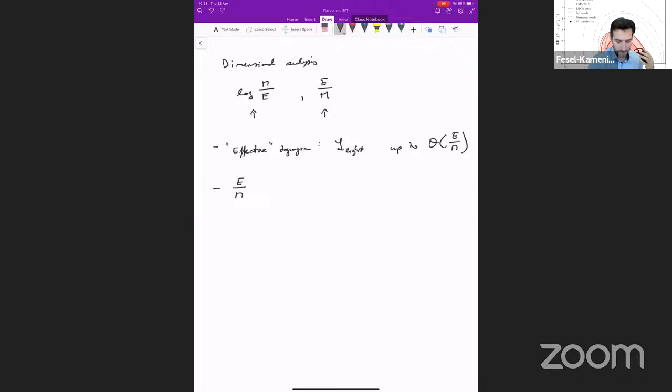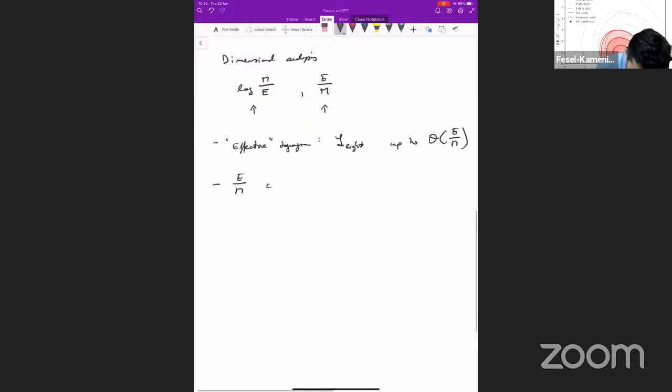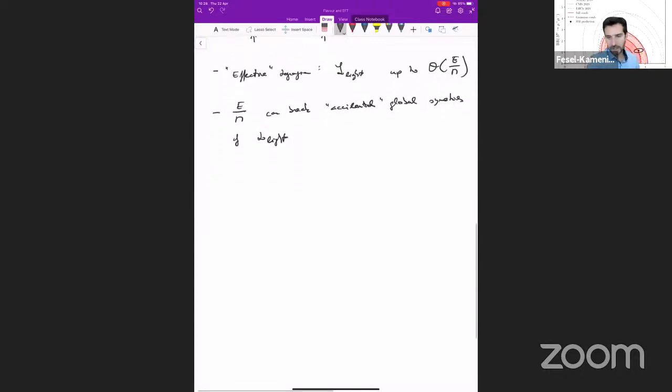And these E over M corrections do not necessarily respect these global symmetries. They have to respect the gauge symmetries, but not the global symmetries. Okay, so they can break accidental global symmetries of L light.